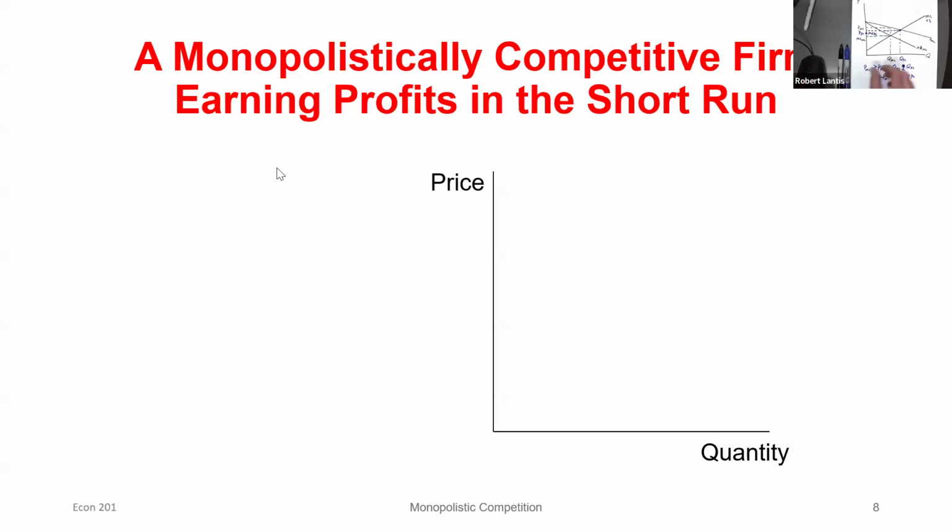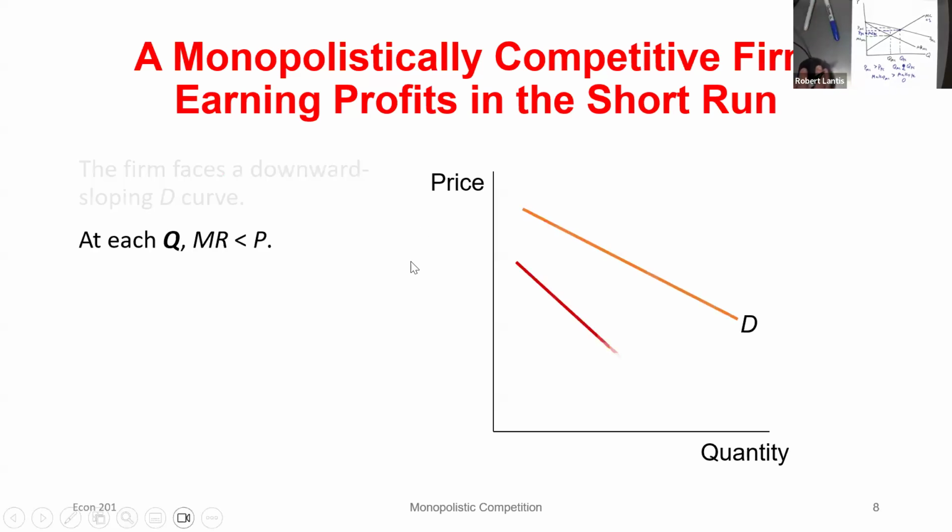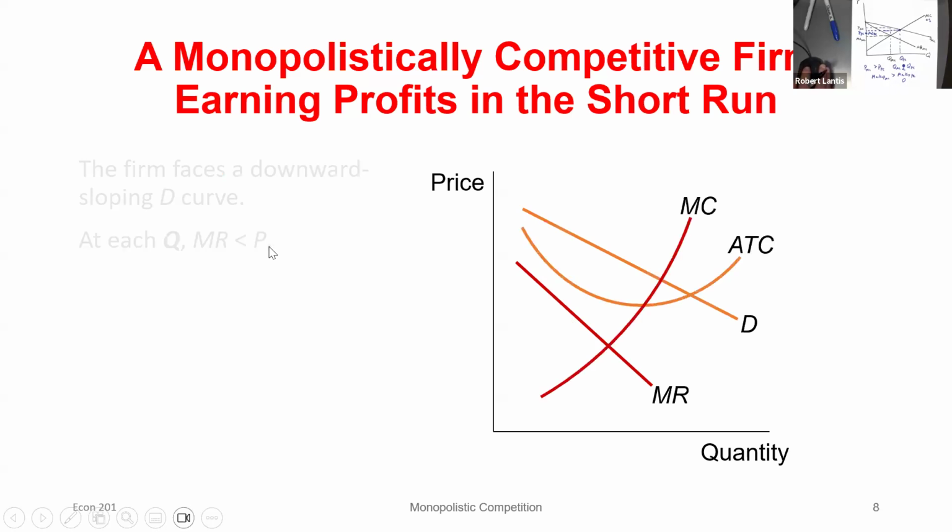We'll now start to think about, okay, if we have this monopolistically competitive market, what are profits going to look like? Okay. So let's say they face this downward sloping demand curve, twice as steep marginal revenue curve, which means that at every quantity, wherever the marginal cost hits marginal revenue, when we go up to the demand curve to set the price, price will always be above our marginal revenue. Okay.